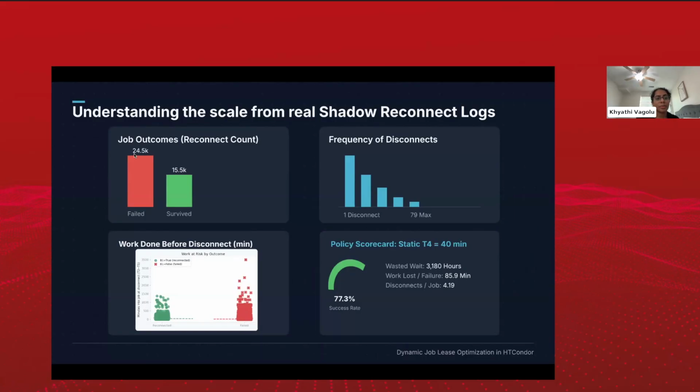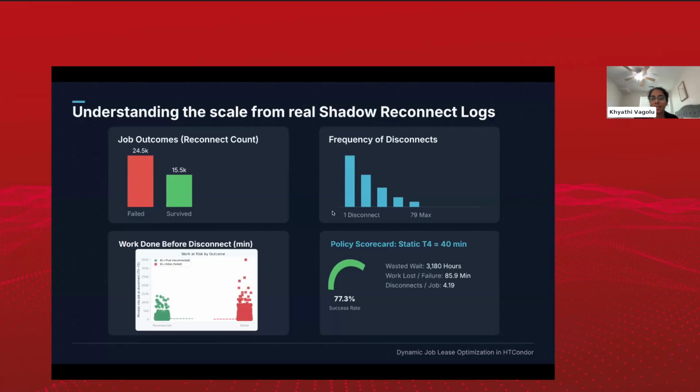Within the 2-week window, we saw that there were about these many jobs which experienced a disconnection, and out of the reconnect attempts, around 24,000 jobs failed and 15,000 jobs survived the reconnection.